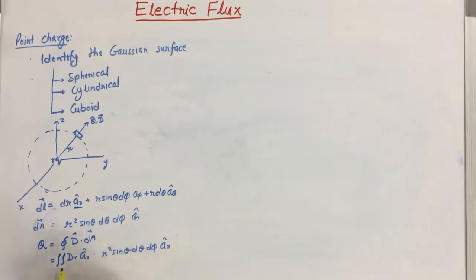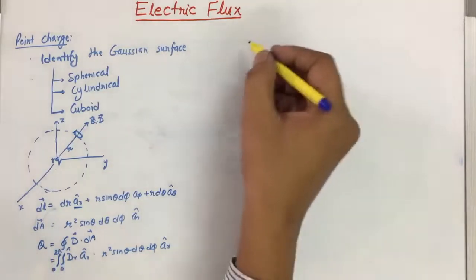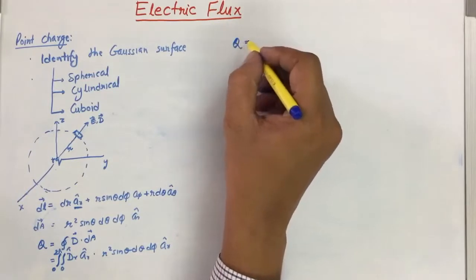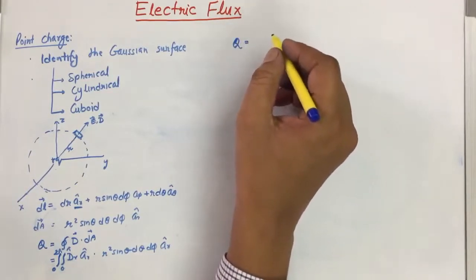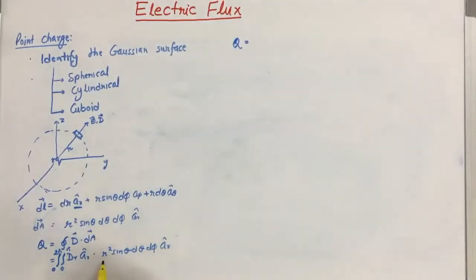We know that theta varies from 0 to pi and phi varies from 0 to 2 pi. These things we have already discussed. So Q can be written finally as, this term is constant, this is also constant, the only variation is in sine theta and phi.